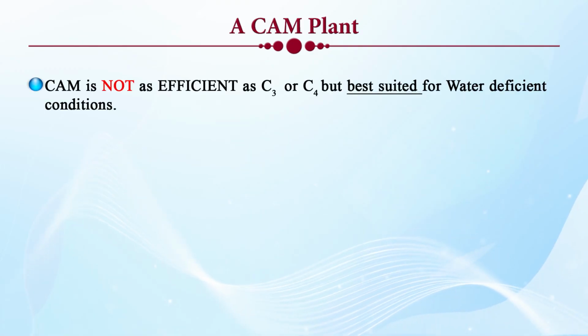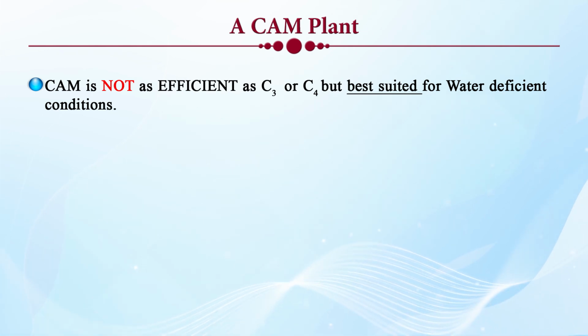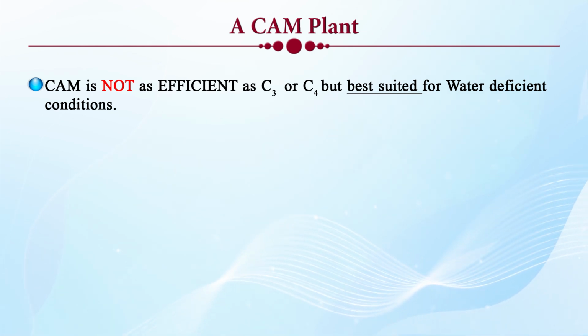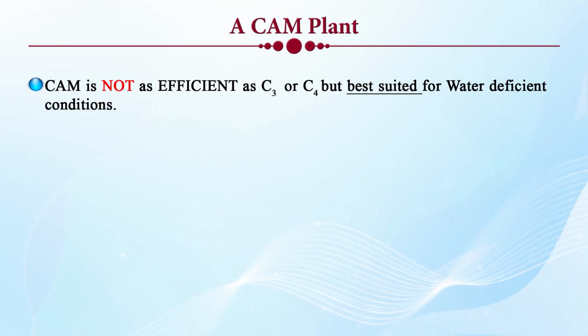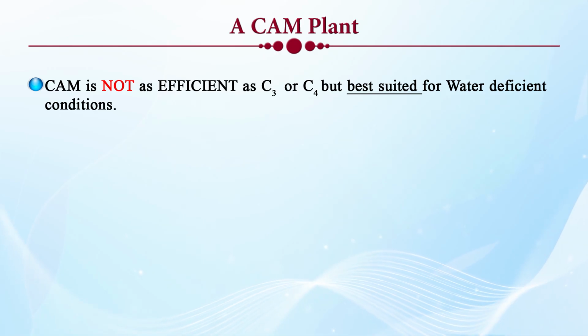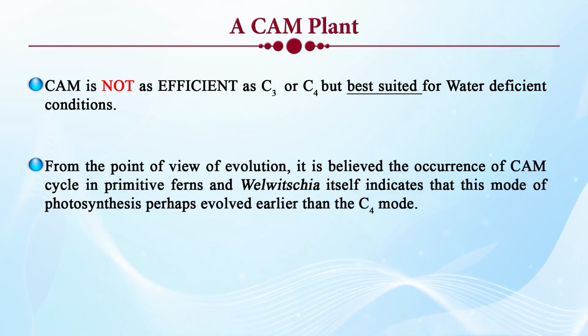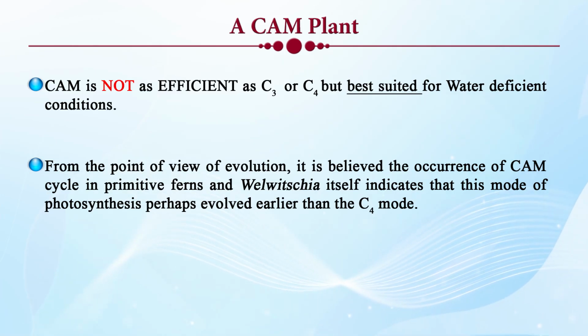As far as the efficiency of this type of metabolism is concerned, we are sure that CAM is not as efficient as C3 or C4, but you should appreciate that this is best suited for those conditions which are extremely water deficient.